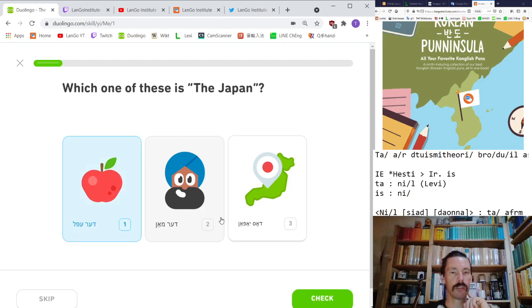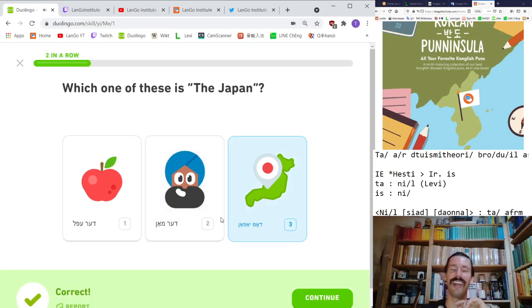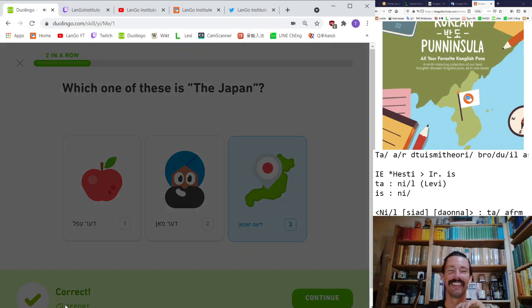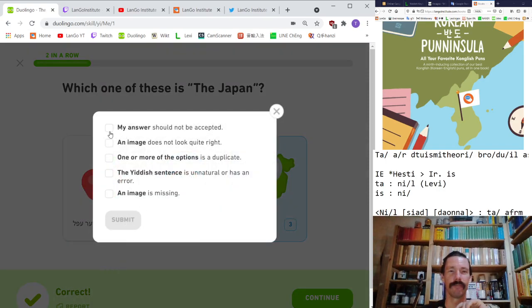Der Apple, der Mann. Das Japan. And in standard German, der Japan, das Japan. Don't think so. My answer should not be accepted.